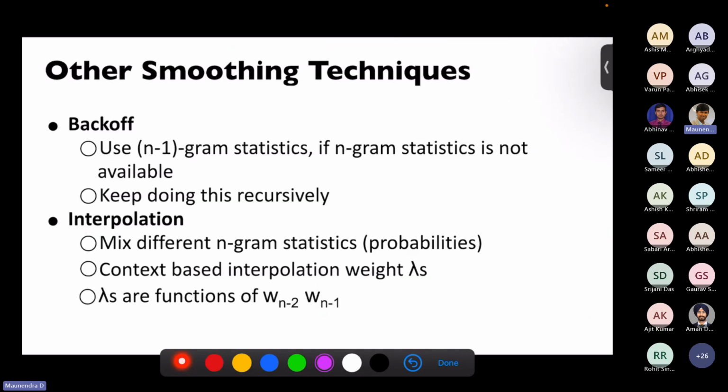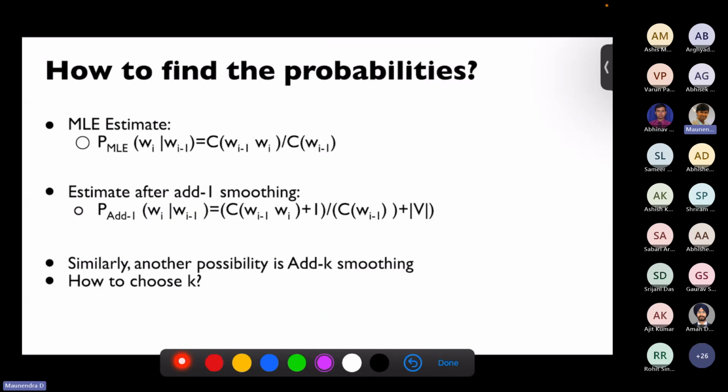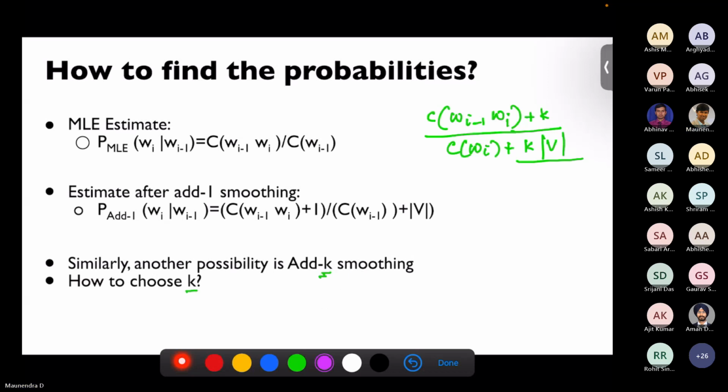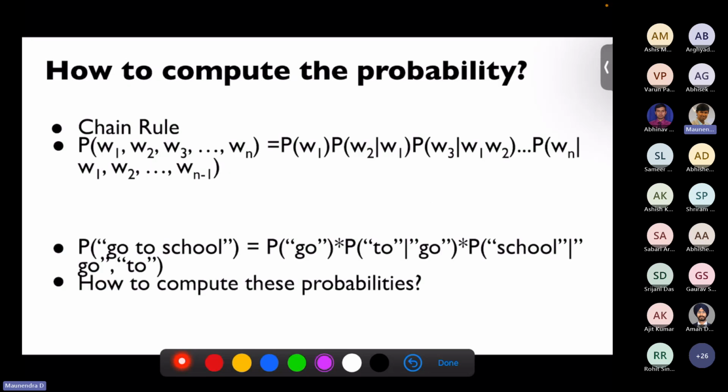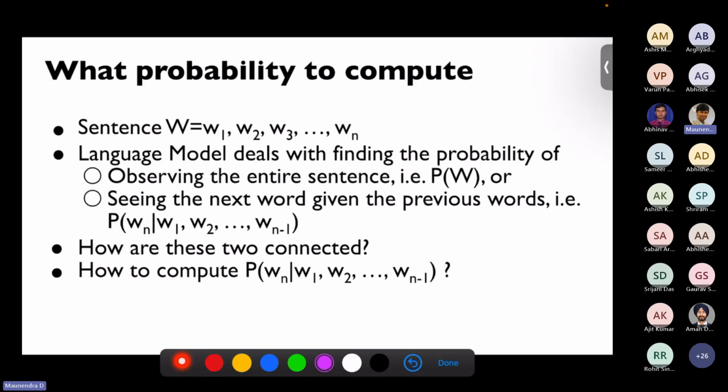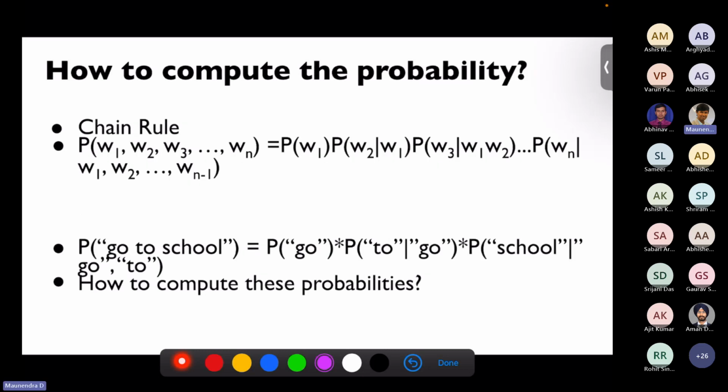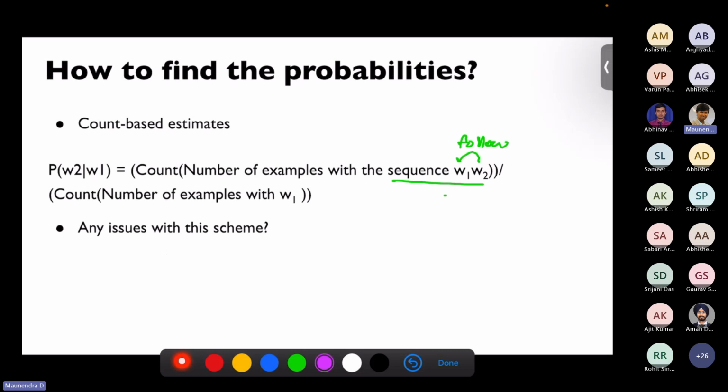So that's why instead of add 1, we can use add k. This is one smoothing technique, and there are many other smoothing techniques as well. We were talking about the full factorization of W1. Many times with a large corpus, even if we restrict ourselves to trigrams or 4-grams, we may not find enough support for the probability of a word given the last 2 words.